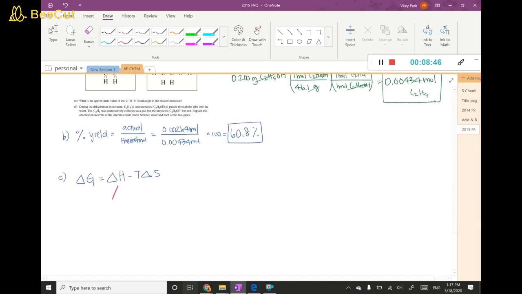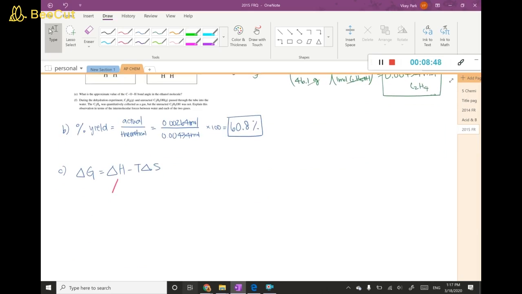Because delta H will always be in the kilos, and delta S won't. So that is 45.5. Temperature was 298, and delta S is 0.126 because I moved the decimals, right? And I end up with 8.0 kilojoules per mole of delta G.